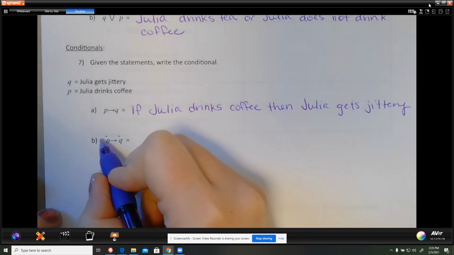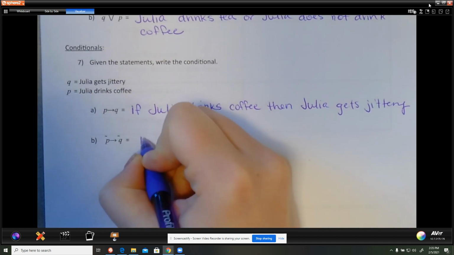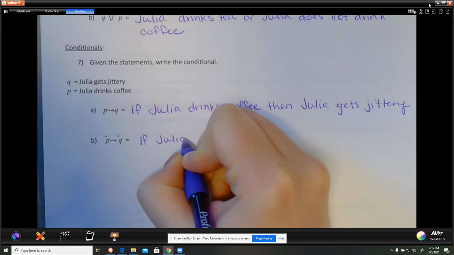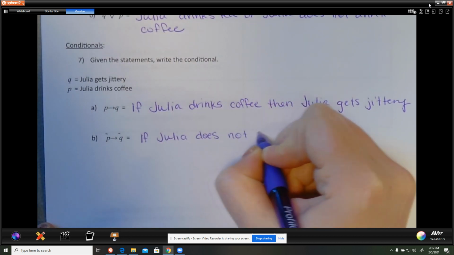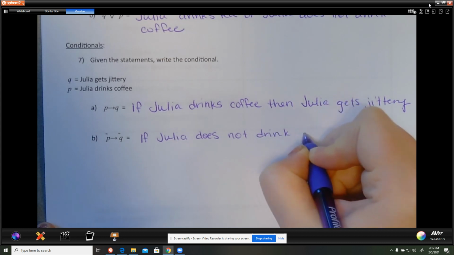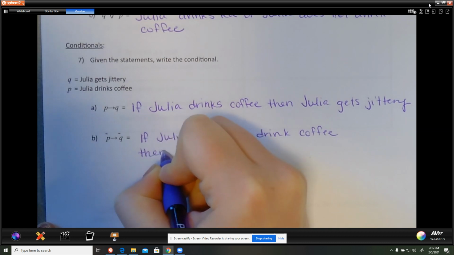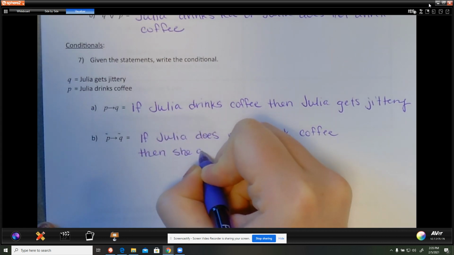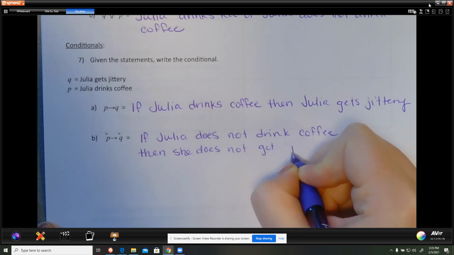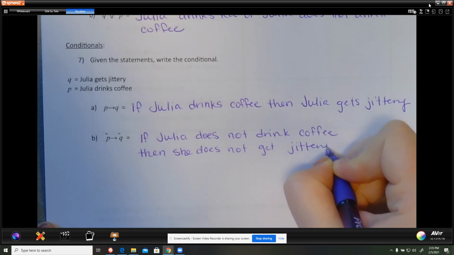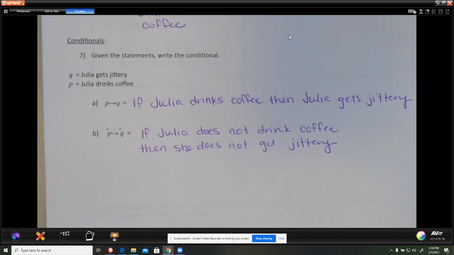All right, next we have not P implies not Q. So if Julia does not drink coffee, then she does not get jittery. There you go. All right, that's the end of your 1.2.1 homework.